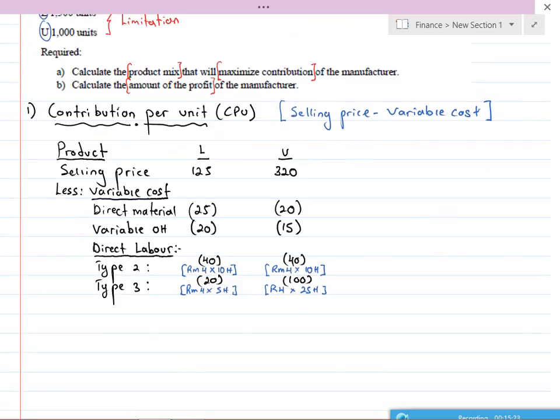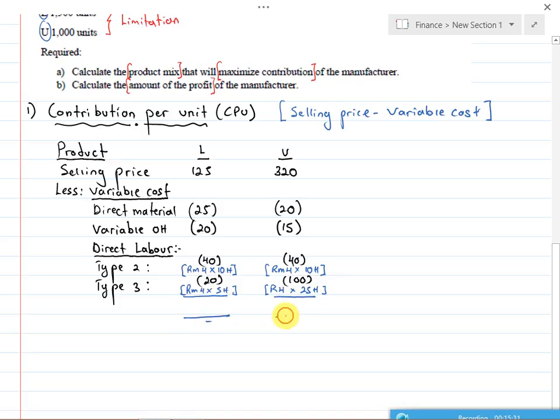So let's find your contribution per unit.